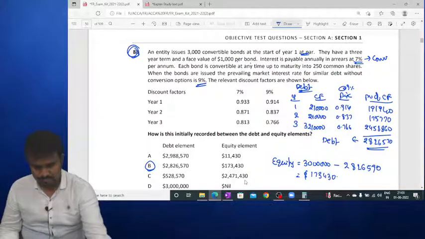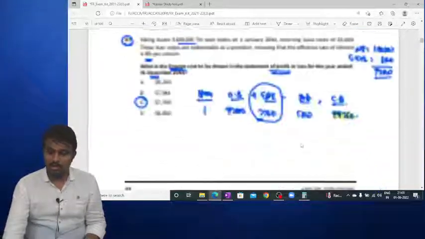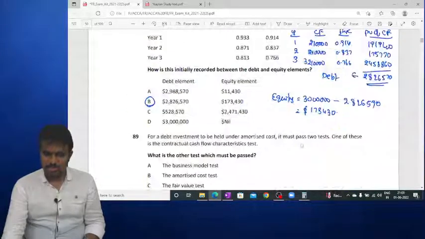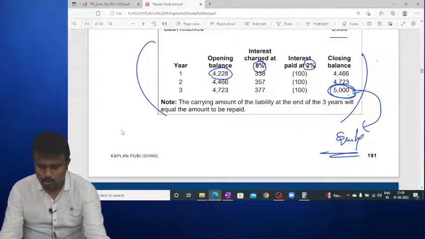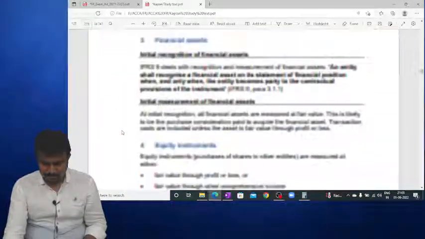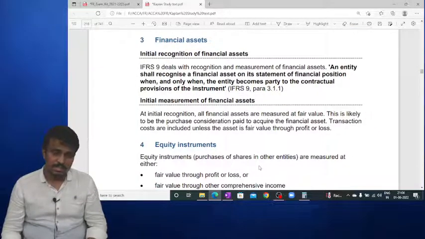Clear? This is about convertible or compound instruments. These are the problems relating to financial instruments. I hope you are clear about this one. Financial assets were already discussed. Thank you.